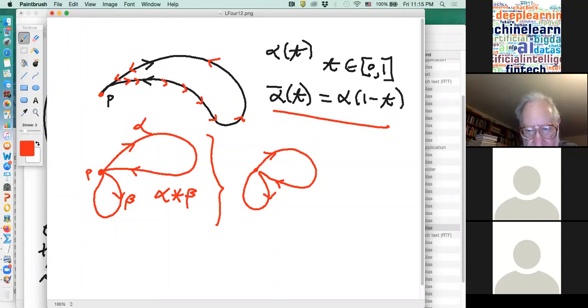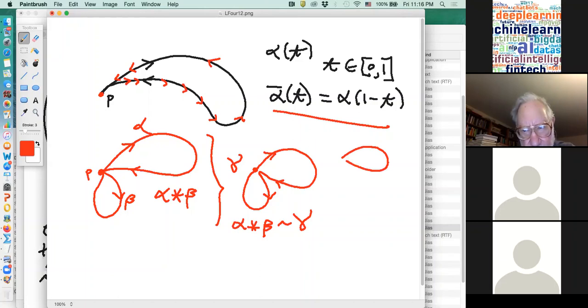So this is gamma, and alpha times beta is homotopic to gamma, where it didn't have to go all the way back to the base point. It can just come back nearby and then come right back over, and you can see how to manufacture that. I'll say this more carefully, but the point is that if you multiply a curve by its reverse, I can draw that reverse by just drawing it in parallel to itself and coming back to the base point.